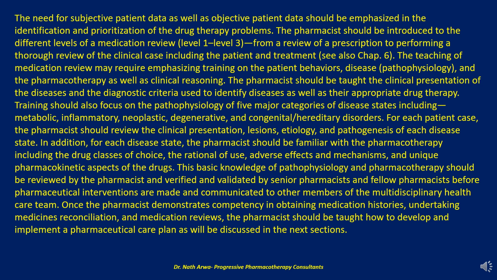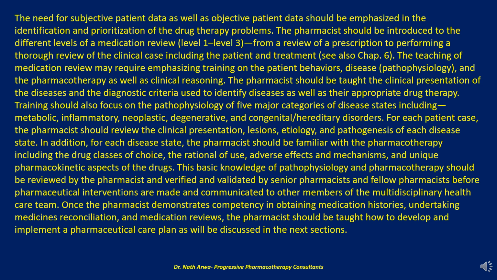The pharmacist should be introduced to the different levels of a medication review, that is level 1 to level 3, from a review of a prescription to performing a thorough review of the clinical case including the patient and treatment. See also Chapter 6. The teaching of medication review may require emphasizing training on the patient behaviors, disease, pathophysiology, and the pharmacotherapy as well as clinical reasoning.